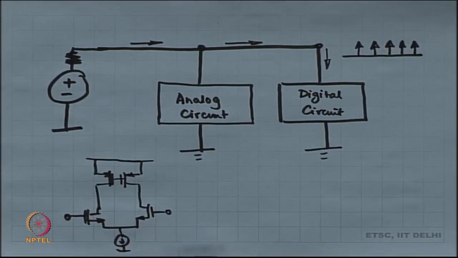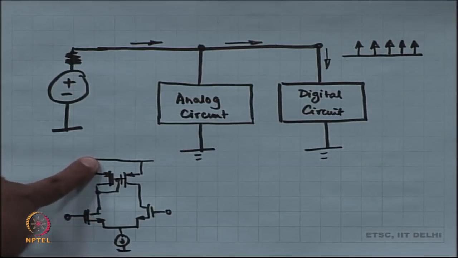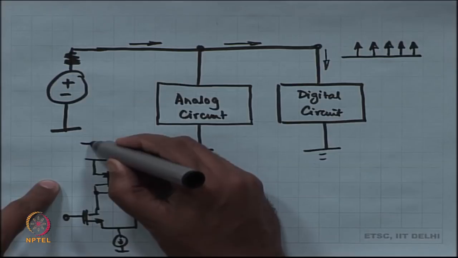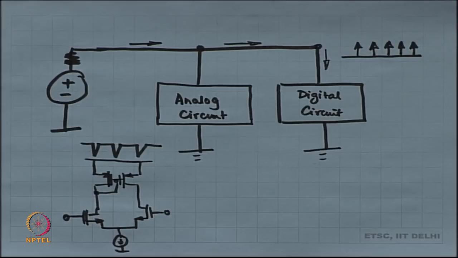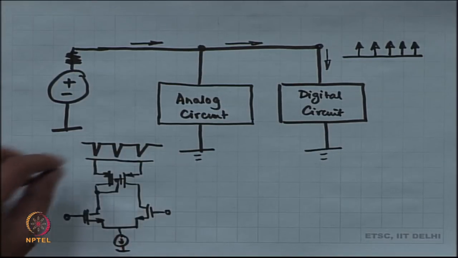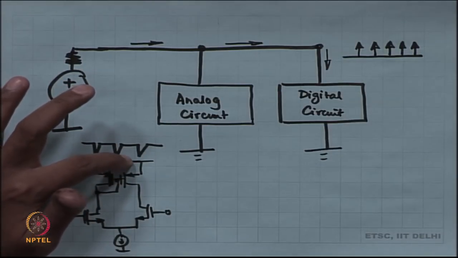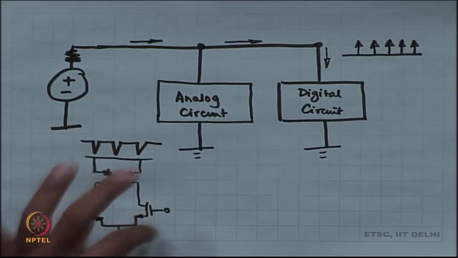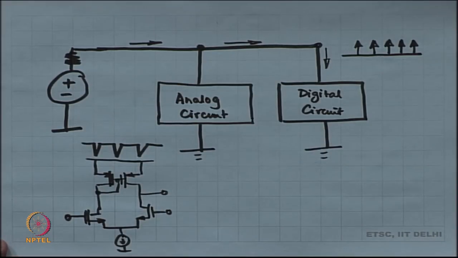But suppose there is some differential amplifier over here. The power supply is bouncing like this, at the edges of the clock. What is going to happen? It is as if the power supply is a constant plus some signal. So, it is as if you have applied a signal over here, and through this common gate kind of structure, that signal is going to get amplified at the output.